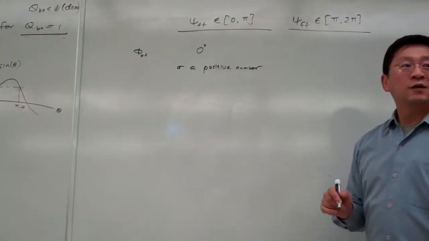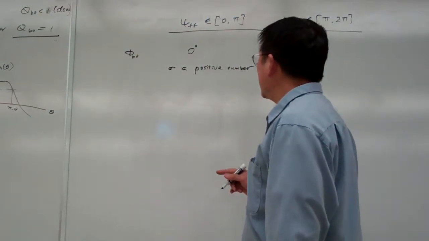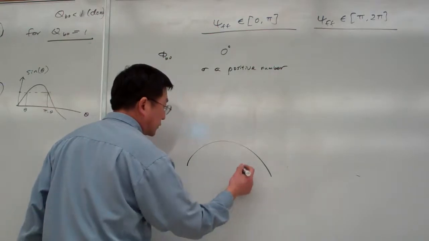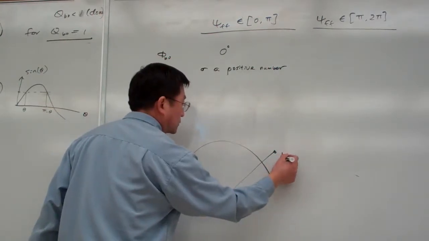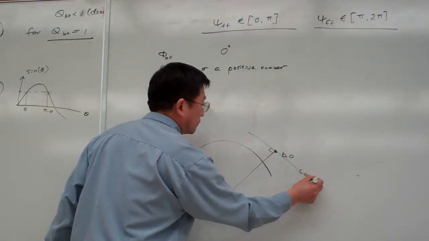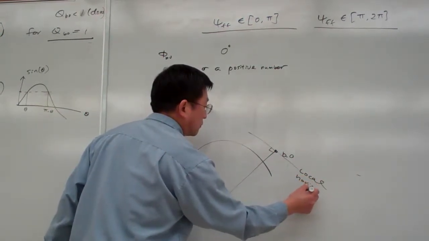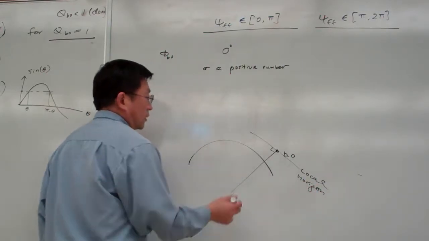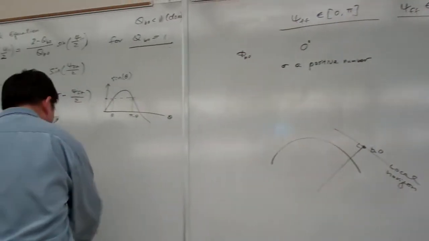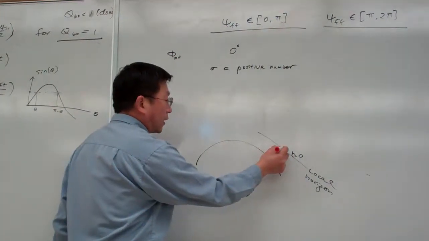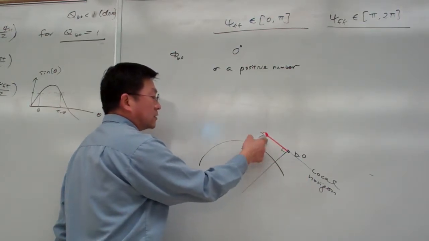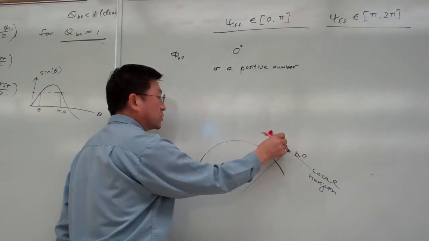That means, here we have the 0. If this is the Earth, and this is the burnout, this is the local horizon. When Q equal to 1, you have two possible solutions: one is this, and the other possible solution is this.